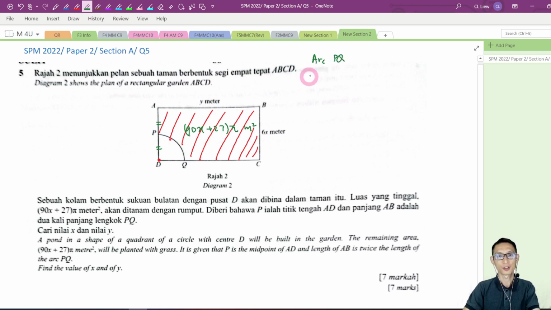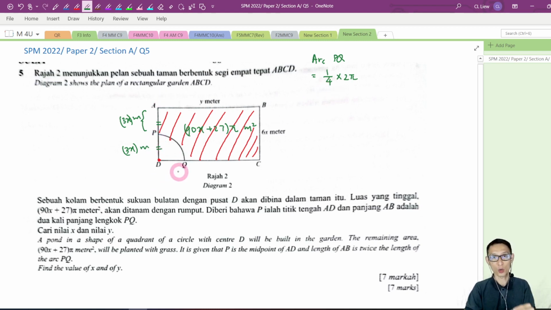Arc PQ. Still remember, what is the formula for circumference of a circle? 2 pi r, right? Because this is a quadrant, therefore we need to times 1 over 4. 1 over 4 times 2 pi r. So what is the radius? This is 3x meter. Here will be 3x meter as well, because P is the midpoint of AD. So the radius of this quadrant is 3x meter.